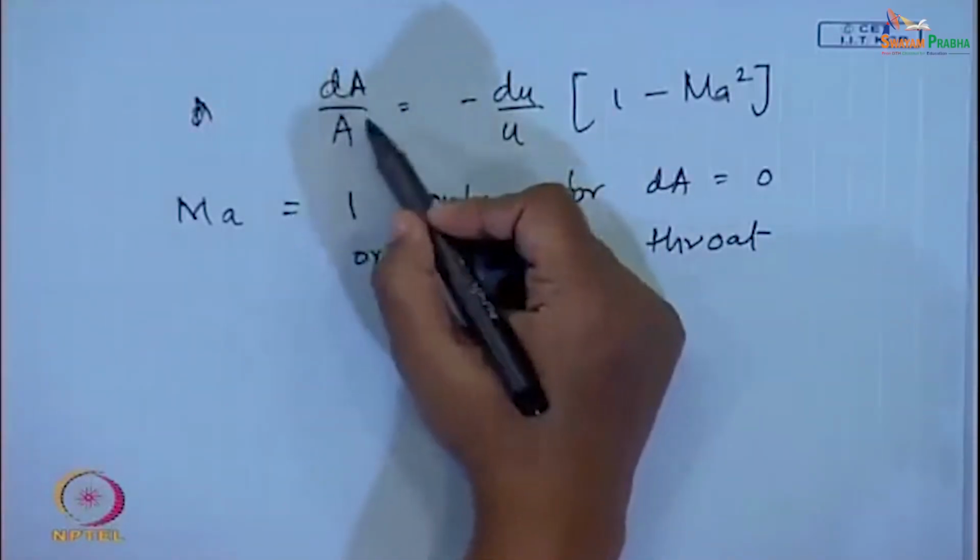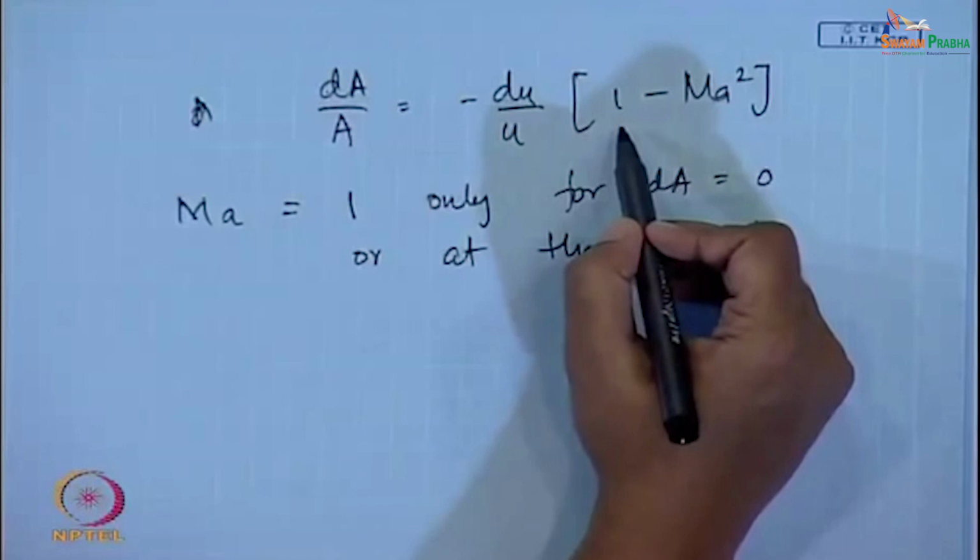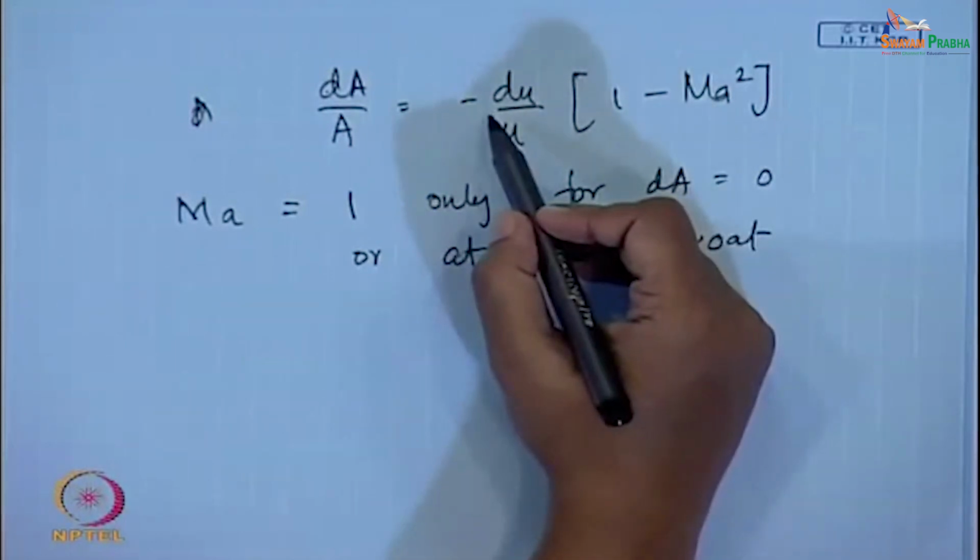Does it imply that Mach number is always equal to 1 at the throat? Because dA equals 0 can be obtained either by Ma equals 1 or du equal to 0.